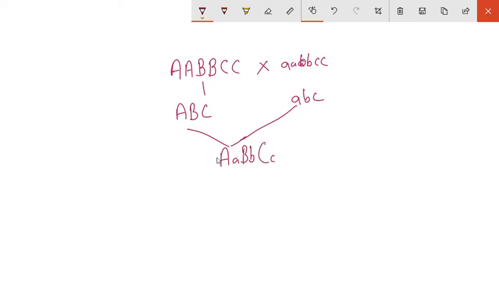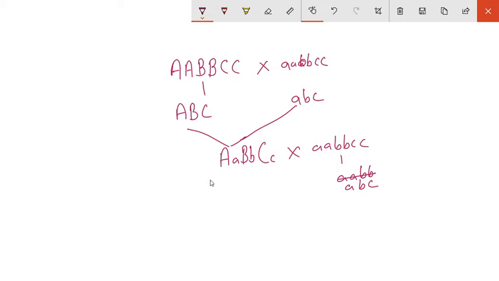This F1, when we back cross with the recessive parent, the recessive parent produces only one type of gamete, a, b, c, with the three genes.